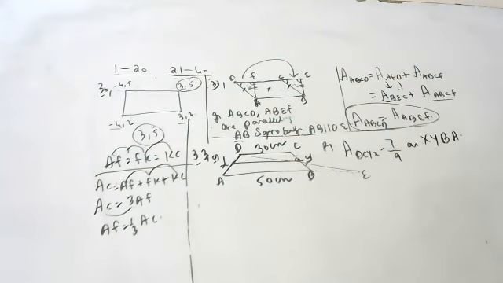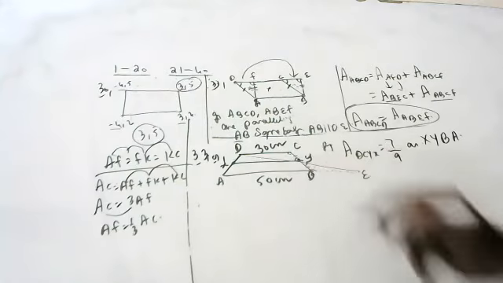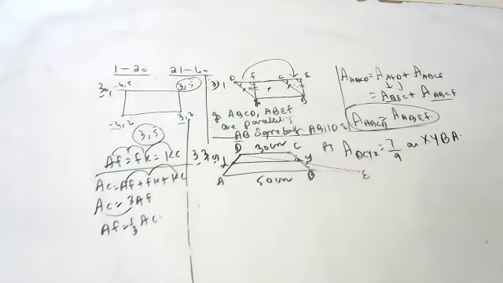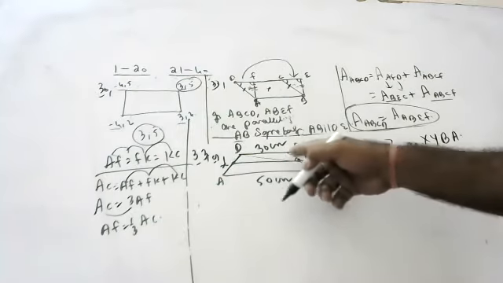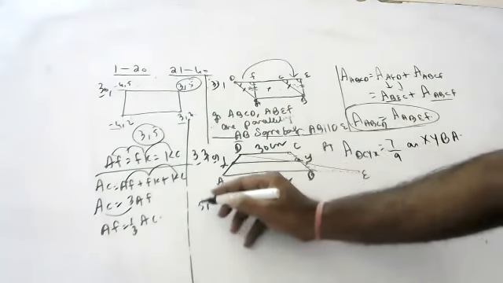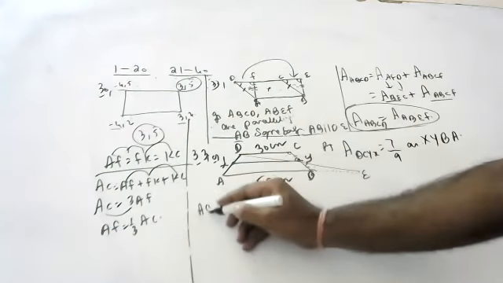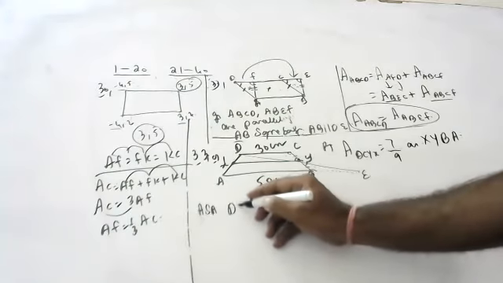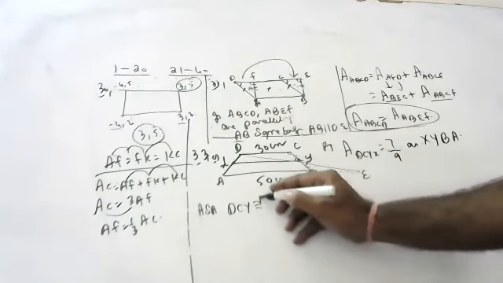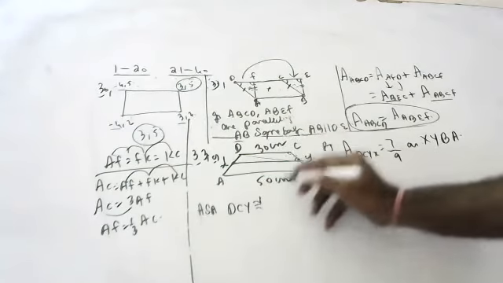Vertically opposite angles. And this angle and this angle are equal. Why, children? Alternate angles. So by ASA, triangle DCY is congruent to triangle EBY.